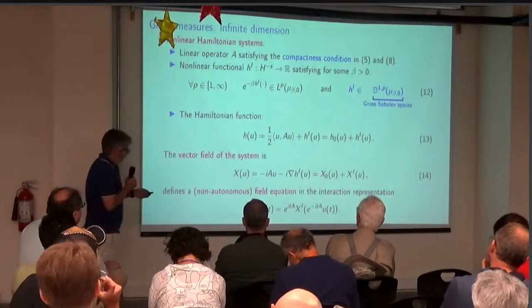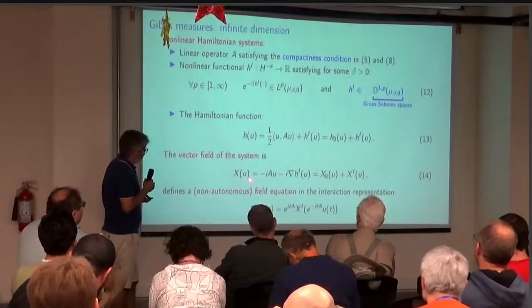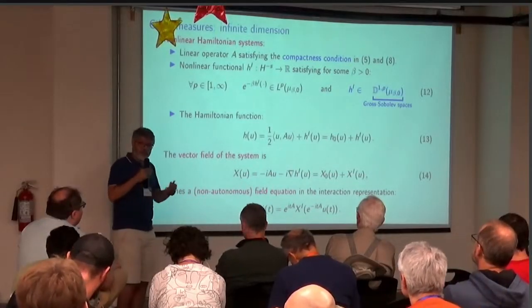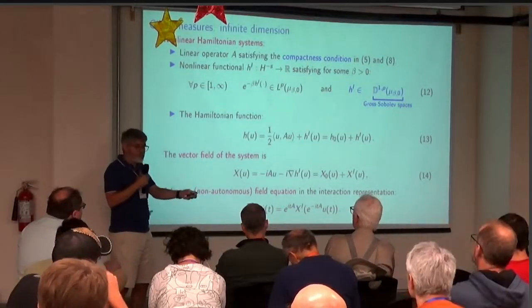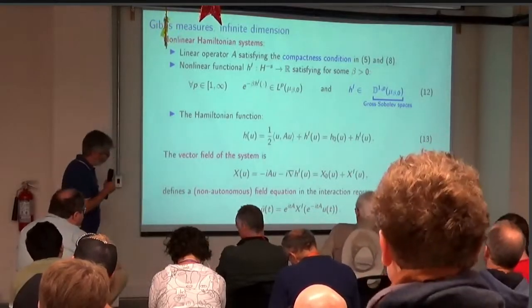Once we have this in mind, we can set up the field equation. This is a classical argument: either you write your field equation in the interaction representation or in the original representation, and both are equivalent in some sense.